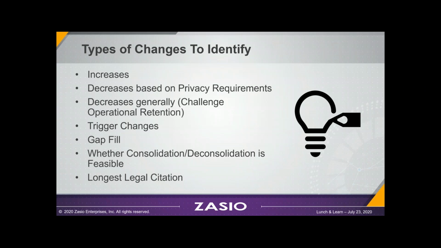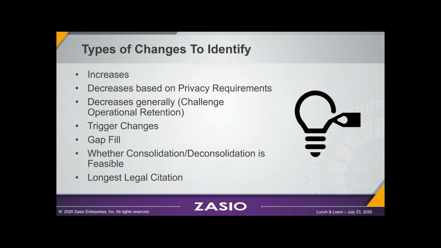Decreases generally, that goes more towards maybe those general privacy requirements that specify no longer than the purpose for collection. You're really going to make sure that your operational retention is designed based on your actual need and not just someone saying, oh, I want to keep these permanently, which we find a lot. I mean, that happens a lot. People want their records and they're very particular about them.